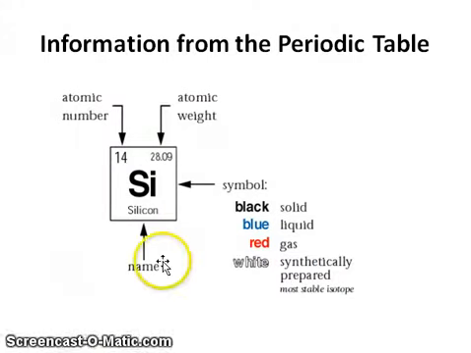Let's go back to our example of the silicon atom. So on the upper right corner, we have this number right here, and this number is equal to the mass number. This is the atomic weight of the atom. So that means that we have a mass of 28.09, and from this number, we can know the number of neutrons that are in this atom of silicon.